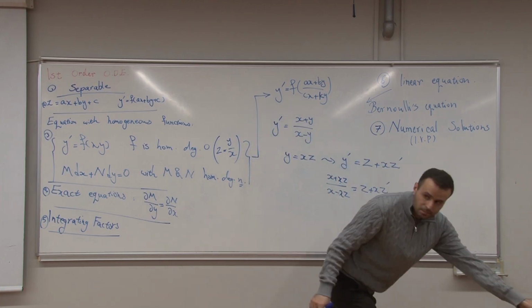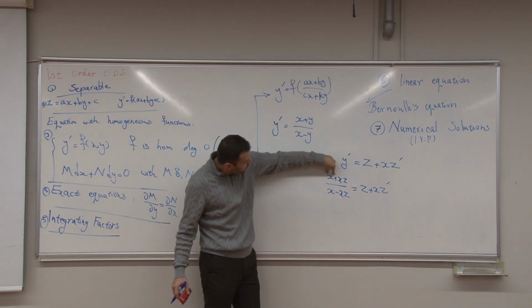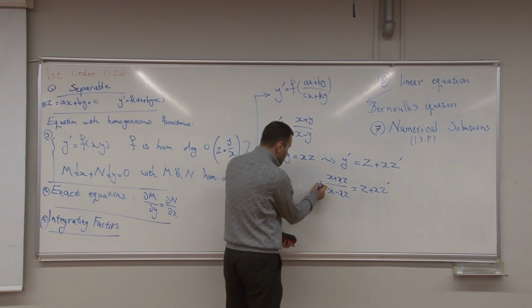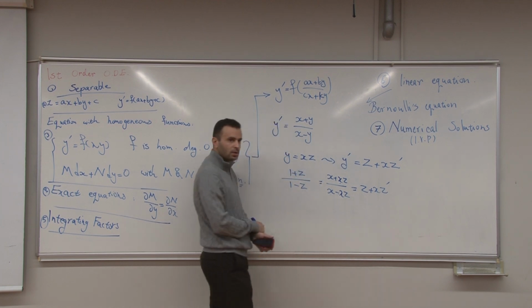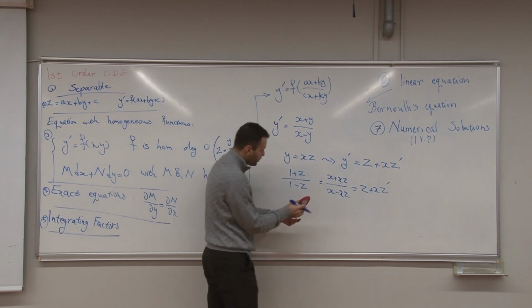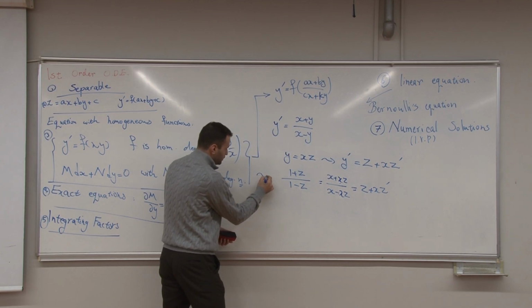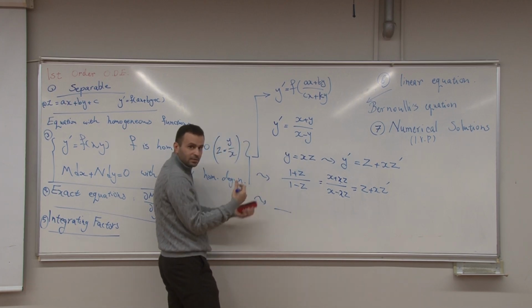Now it's separate. Now, look at this. We can also take a factor out of x's, okay, and cancel them. So this is going to be 1 plus z over 1 minus z, okay? Now, one more step. What's going to happen? I need to separate the variables, right?